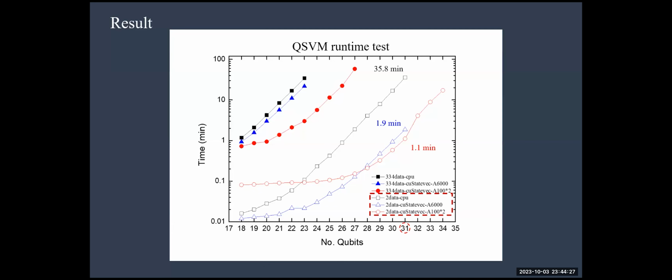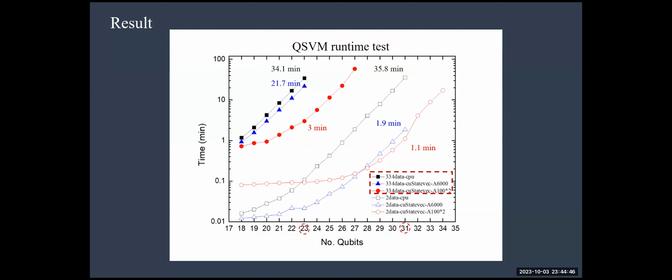And the A6000 GPU is approximately 19 times faster than CPU, and the A800 GPU is about 33 times faster.